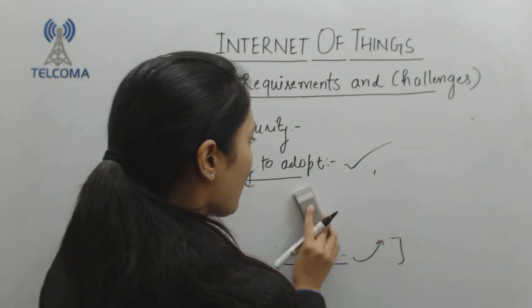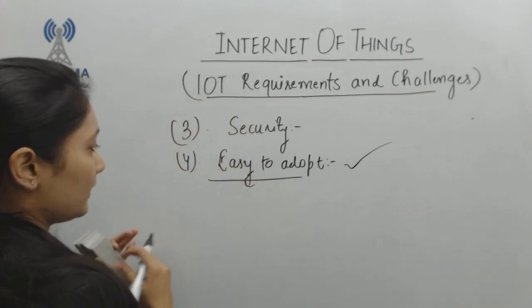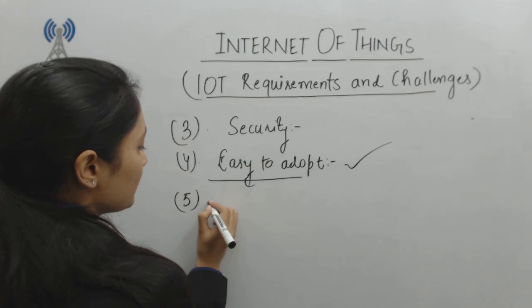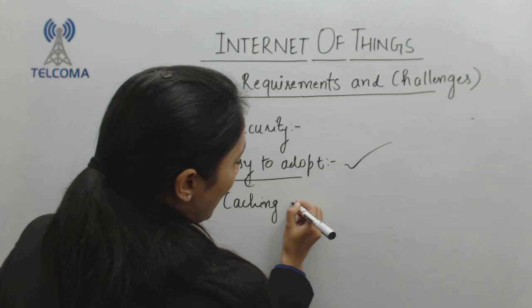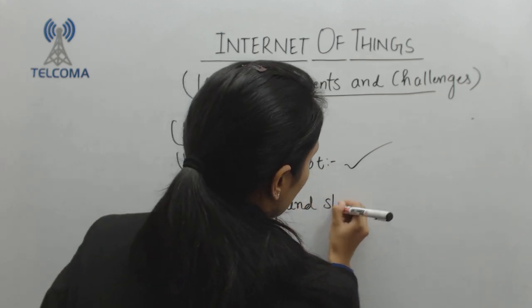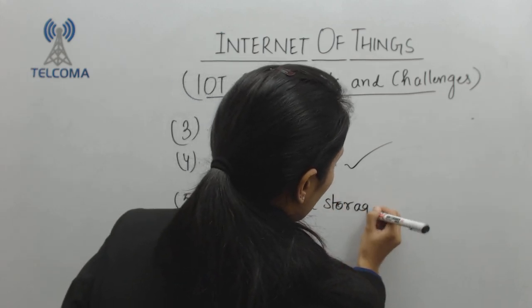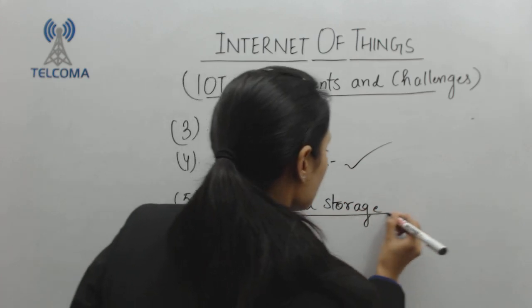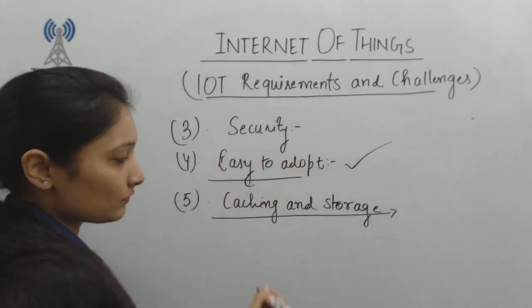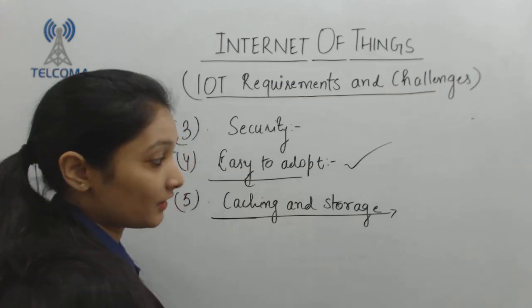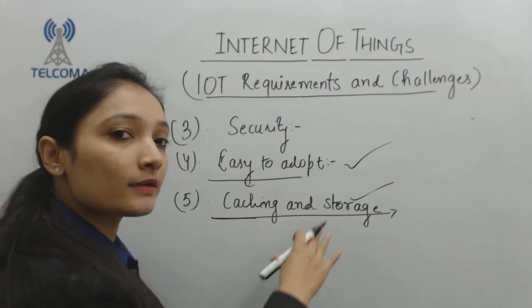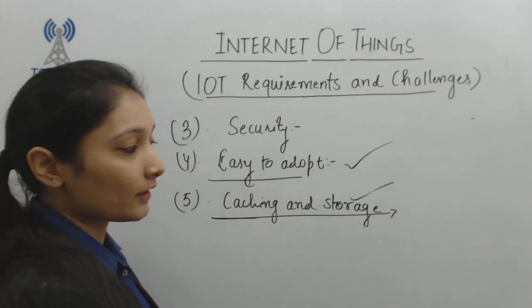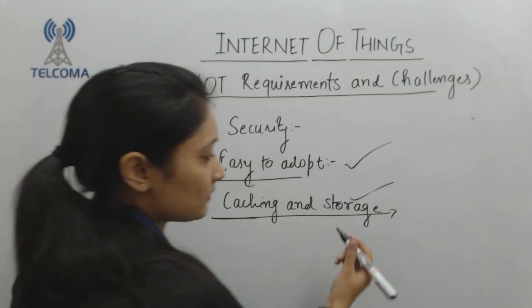After that, another issue is your caching and storage. Now, small sensor type devices will have smaller memory here, but storage must be used because it's not only some of the devices exchanging the information, a large number of devices are exchanging the information.